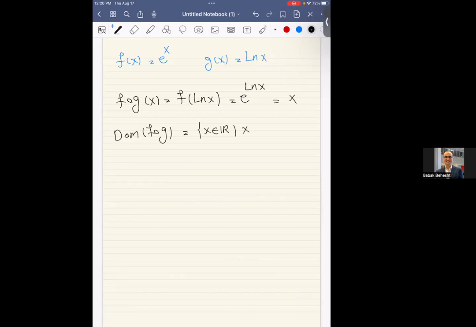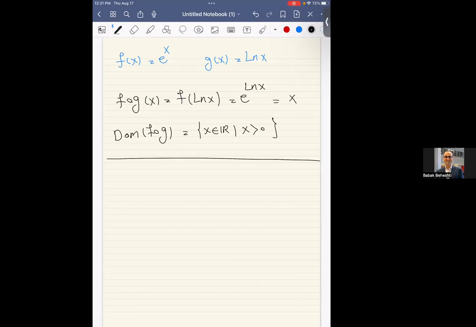And that means x must be positive. So f of g of x is identity. Identity means f of something is equal to itself. So f of x equal to x is the identity function.